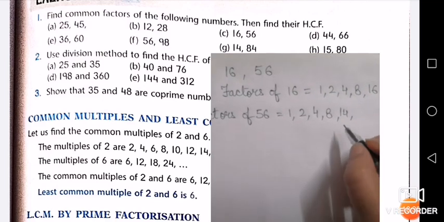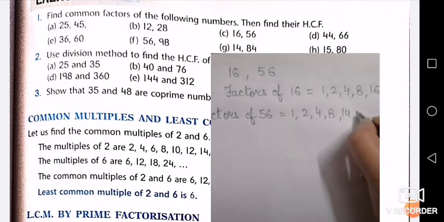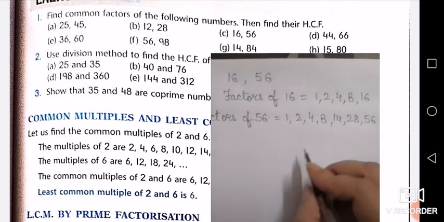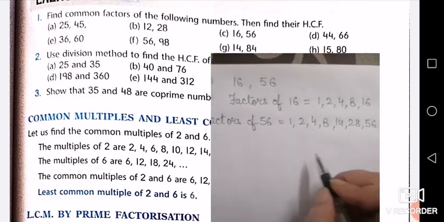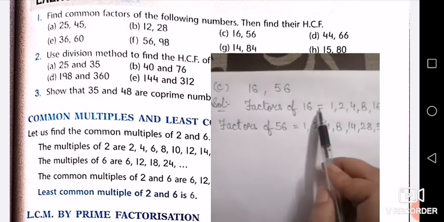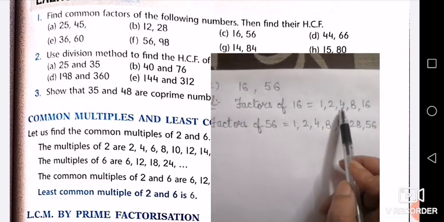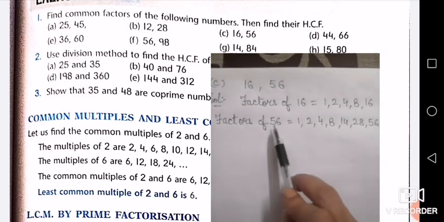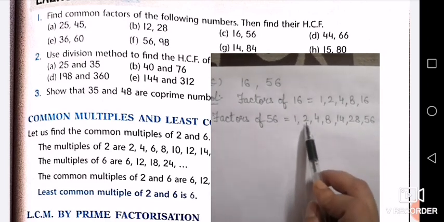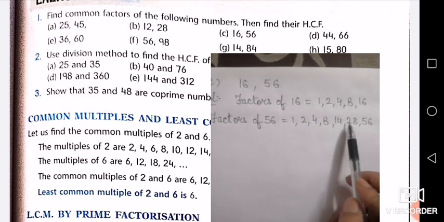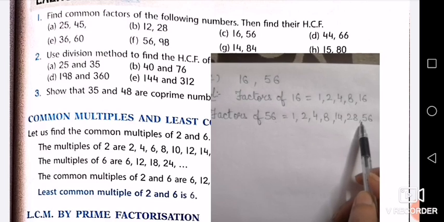Then 14, after 14 then 28 and then 56. So these will become the factors of the given two numbers. Now factors of 16 will become 1, 2, 4, 8, 16. Then factors of 56, that is 1, 2, 4, 8, 14, 28 and 56.